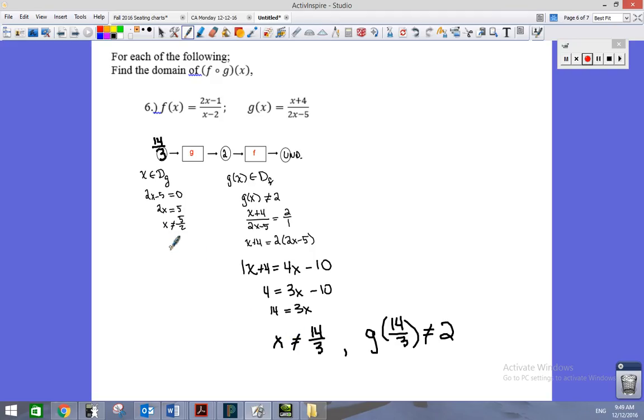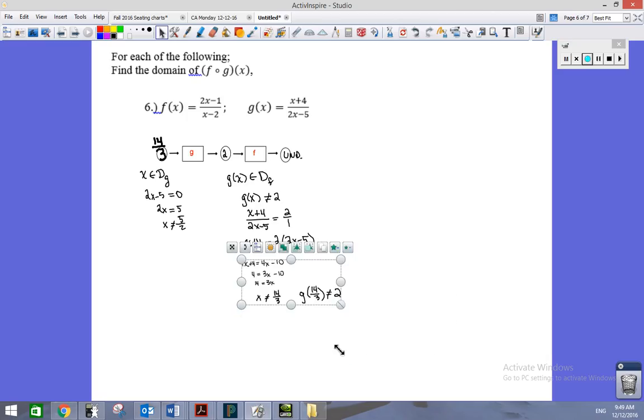Well, 5 divided by 2 is 2.5, and 14 divided by 3, well, 15 divided by 3 is 5, so this is a little less than 5, so 5 halves is the smaller number. And we need to know which one is the smaller number when we write our interval notation.